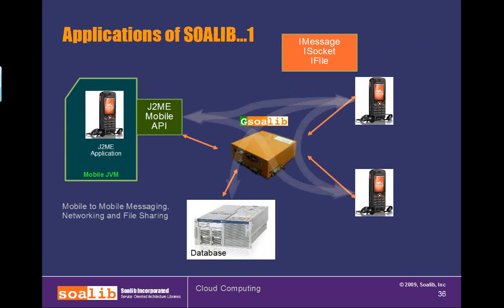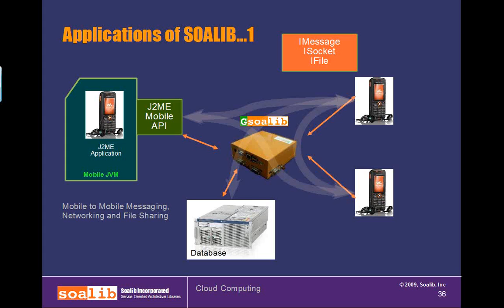And unless I go to real application examples, I don't think it will be very clear. Let's go into examples where SOALIB is used. And this is a box at the center. You see the orange box is the embedded version of SOALIB that's running in a very small 5-inch by 5-inch and 1.5-inch height box.